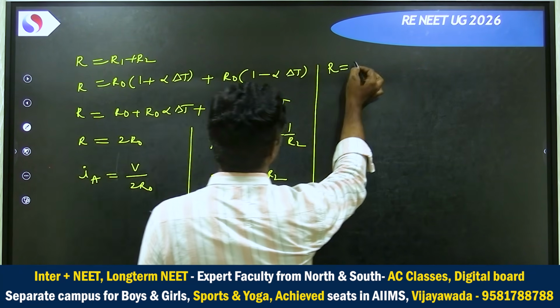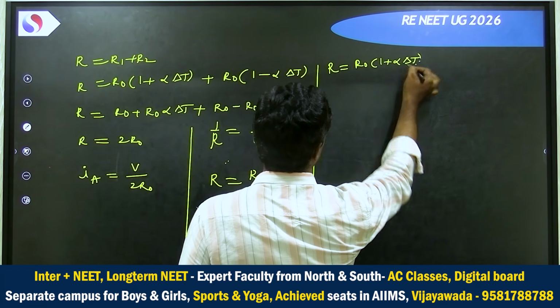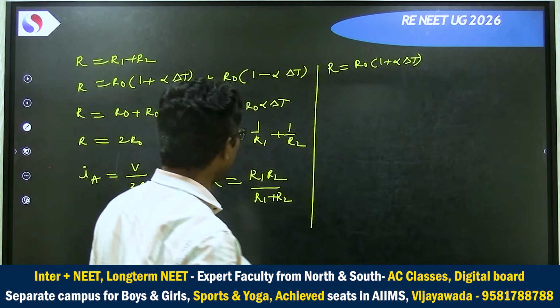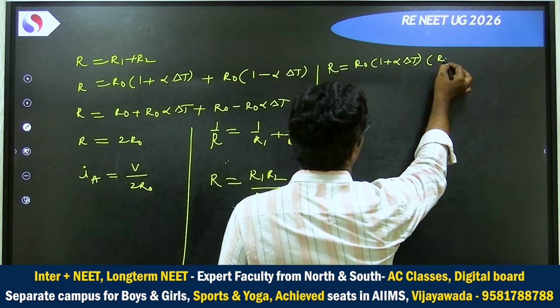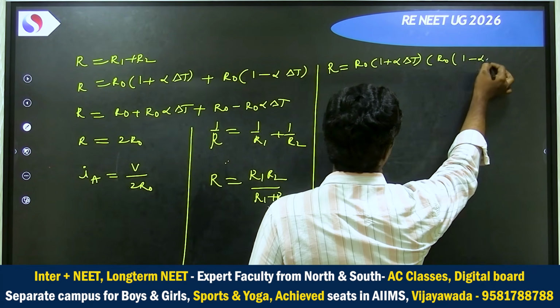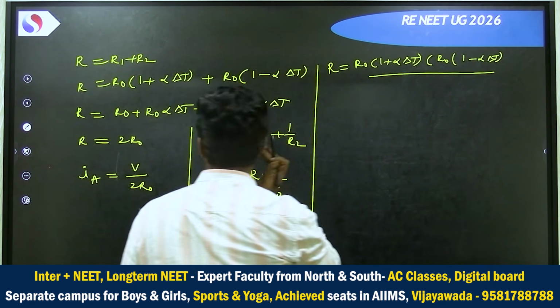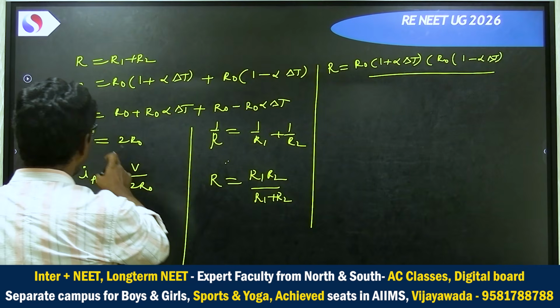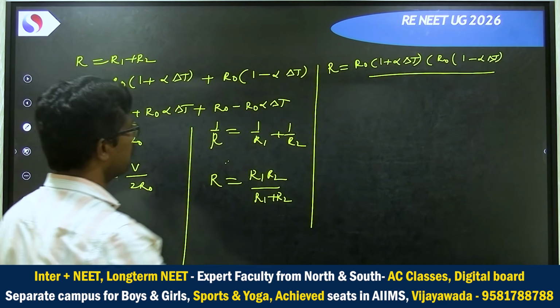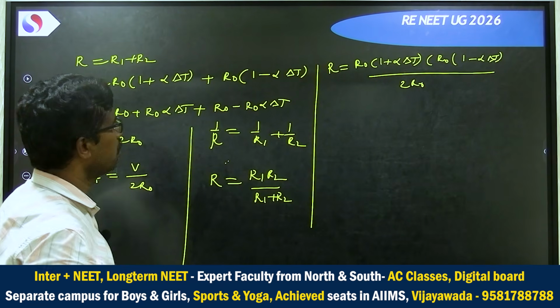R1 is R0 into 1 plus alpha into the temperature difference delta T, and R2 is R0 into 1 minus alpha into delta T. For the sum R1 plus R2, we got 2 R0.